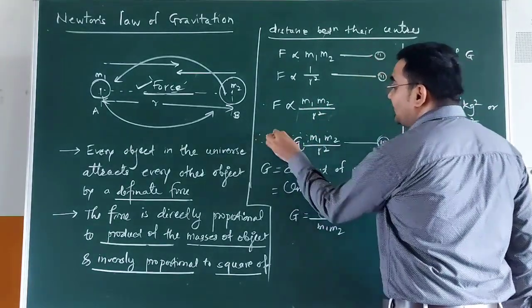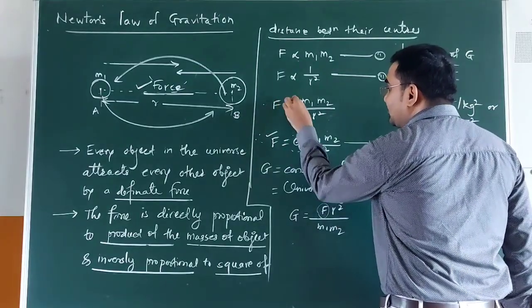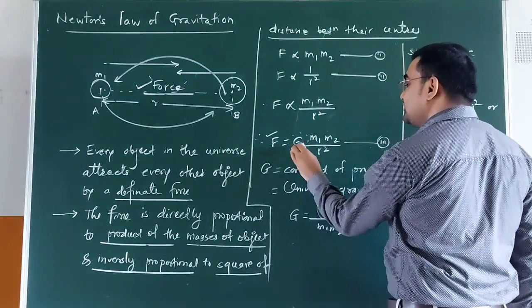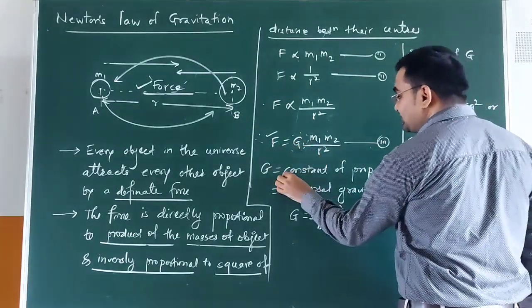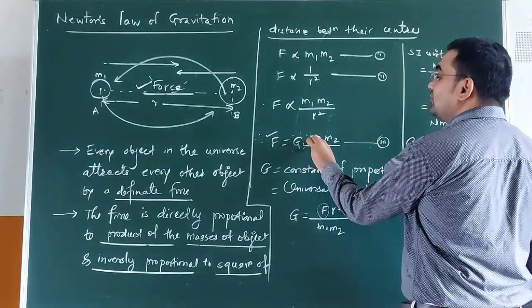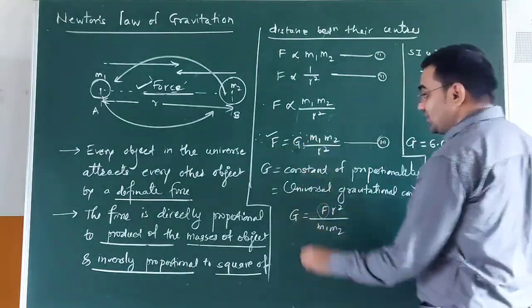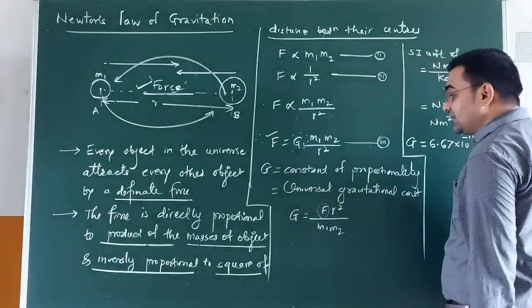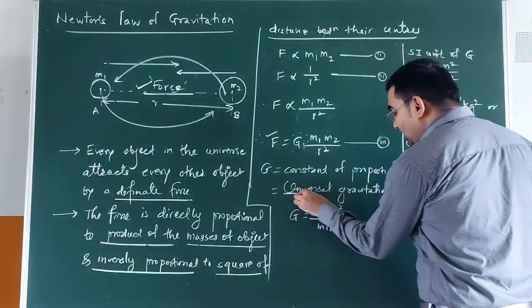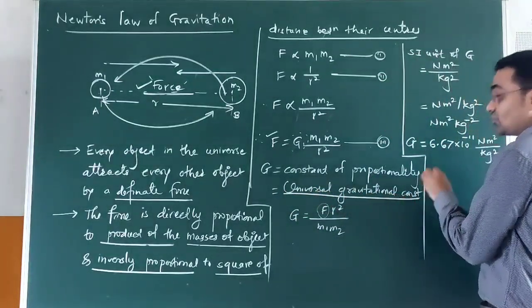Here F is the force, there is a proportionality sign, so there should be a constant. This constant G arises here as F equal to G into m1 m2 upon r square. G is the constant of proportionality, known as the universal gravitational constant.